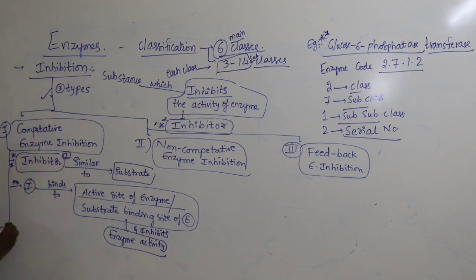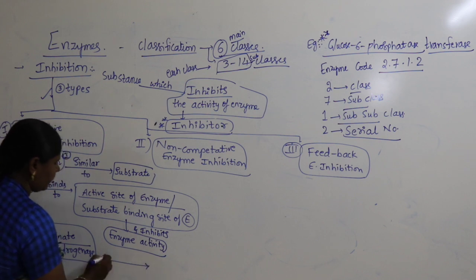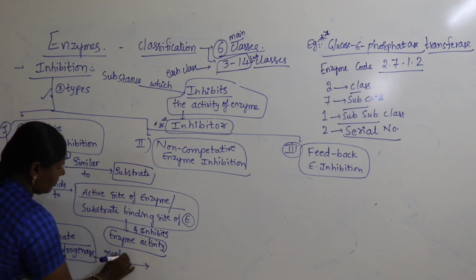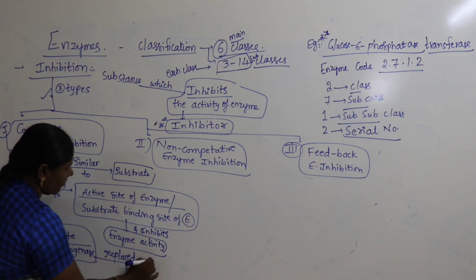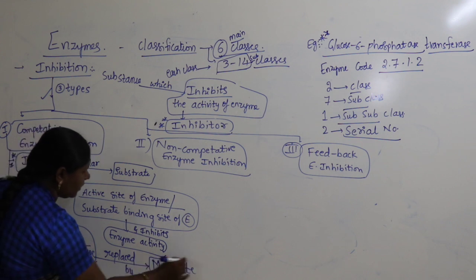So let us take, for example, succinate dehydrogenase. Succinate is the substrate, and succinate dehydrogenase is the enzyme. Now the substrate is being replaced by malonate.